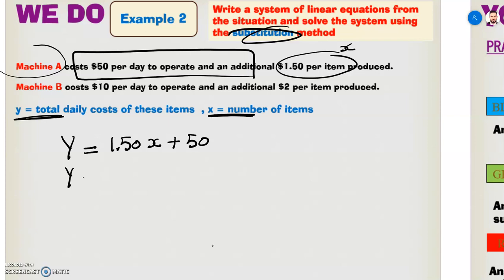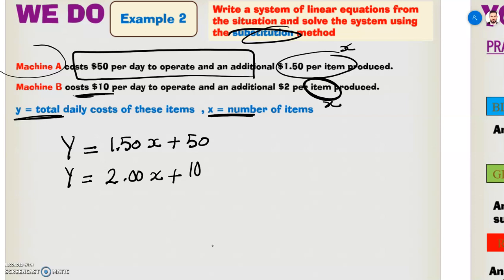And equation number 2 is Y is also equal, machine B costs $10 per day to operate, and an additional fee $2 per item. Item means X, so 2.00 per X plus $10.